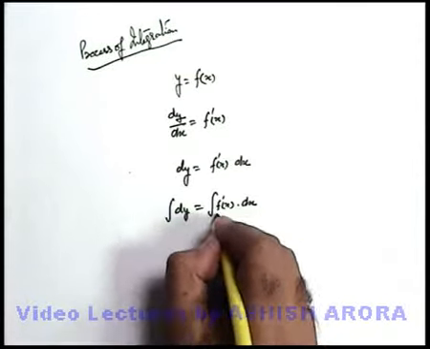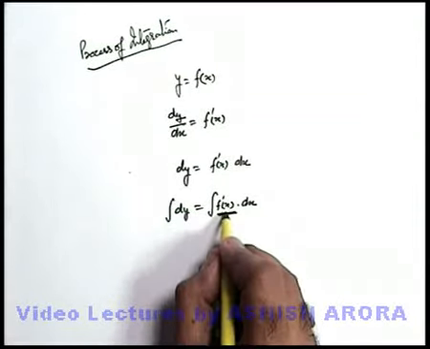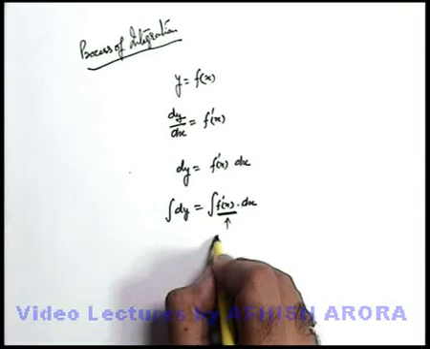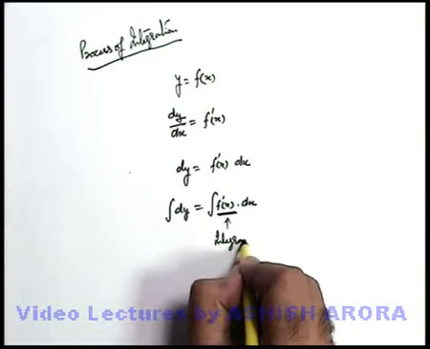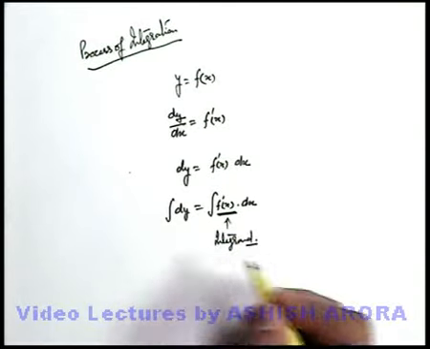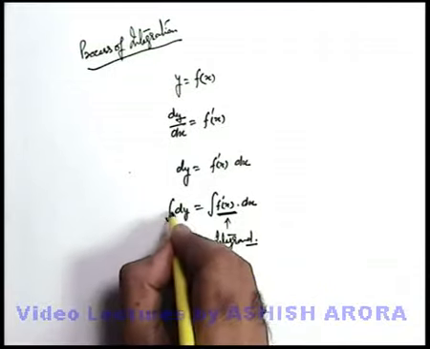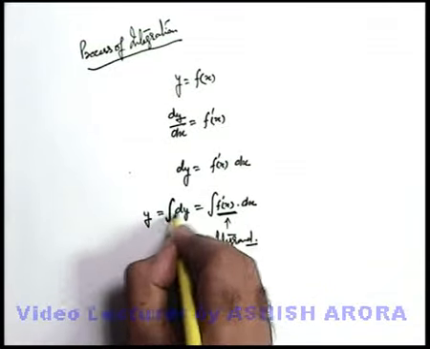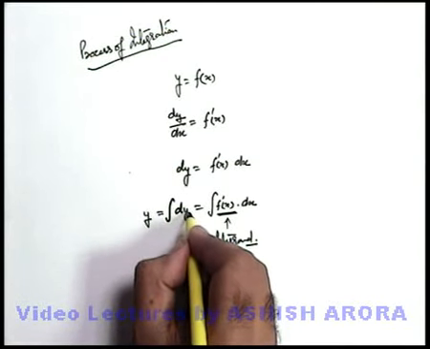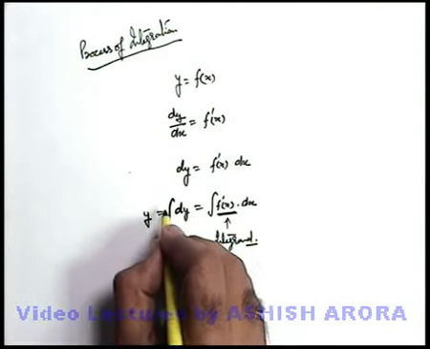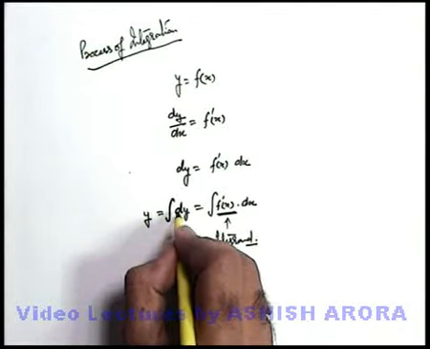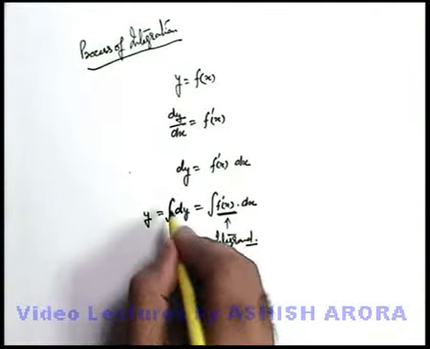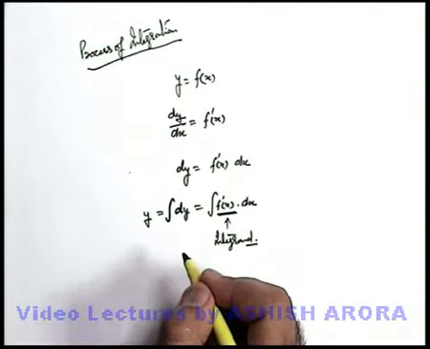Now in this situation, this particular function which is being integrated we call the integrand, which we have just now studied in the previous example. And obviously integration of d of y is equal to y, because this integration will nullify the effect of differentiation. Once we differentiate and then integrate, the effect of differentiation will be cancelled out by the effect of integration.